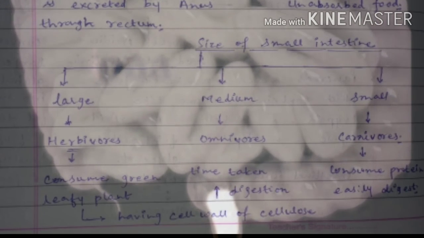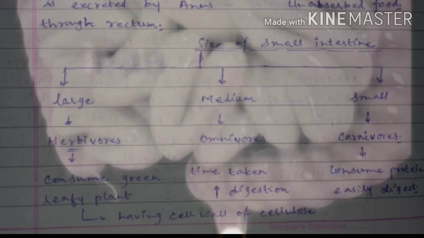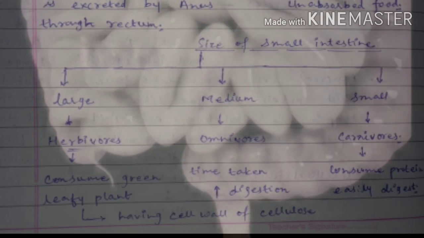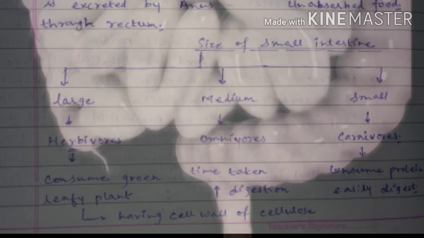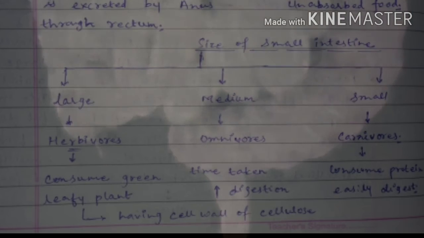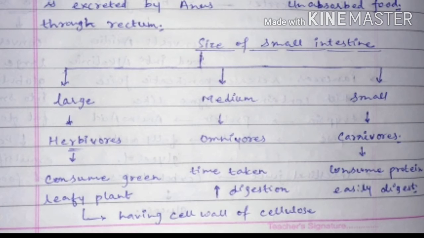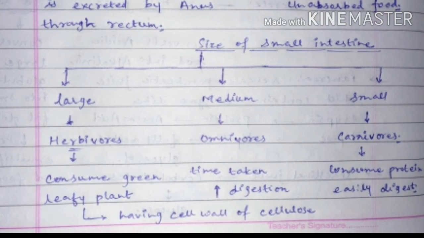Now student, we will talk about the size of the small intestine. The size of the small intestine varies according to the type of food consumed by the animals. It is large in herbivores, medium in omnivores, and small in carnivores. Why is it so?